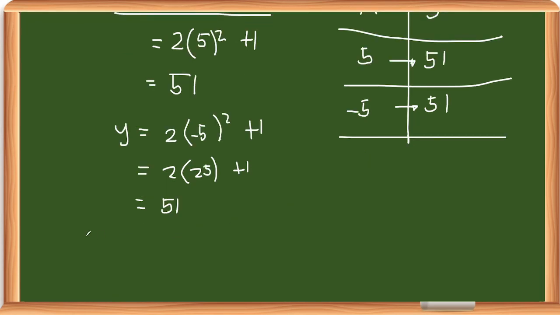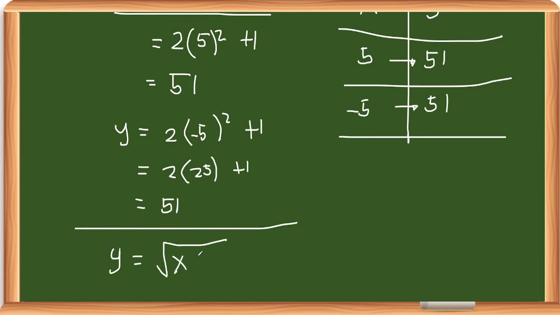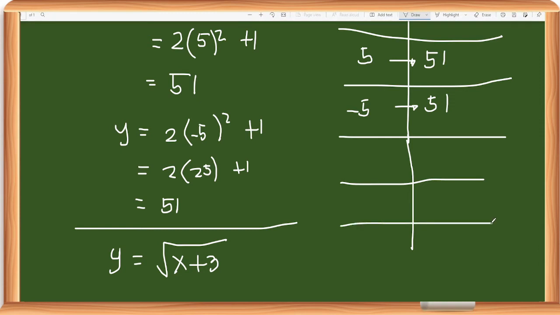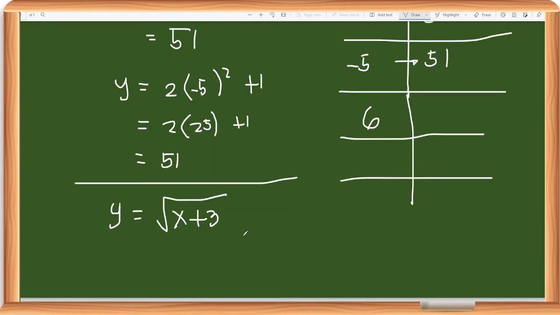But if, for example, we have another equation, y is equal to the square root of x plus 3, let's evaluate this equation using x as 6. So this is equal to the square root of 6 plus 3, which is the square root of 9.